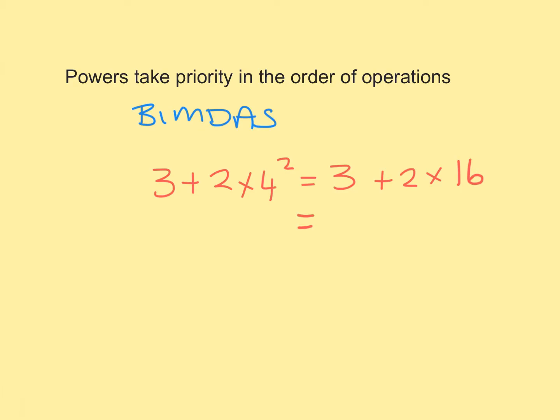And obviously, with BIMDAS, we're still doing multiplication before we do addition and subtraction. So we still go 3 add, well, 2 lots of 16 are 32. And now we go to our addition, which is at the end of our BIMDAS, and 3 add 32 gives me 35 as my answer.